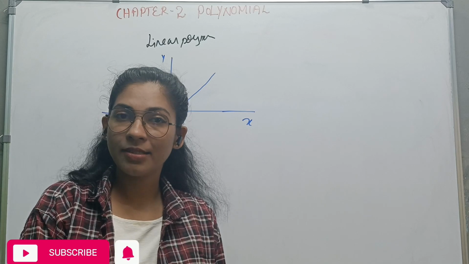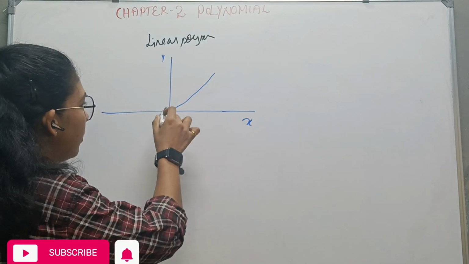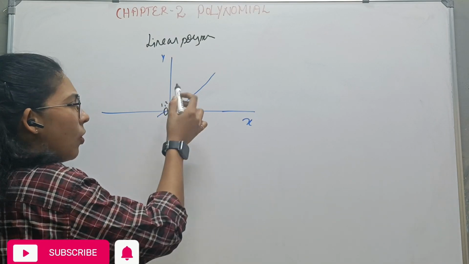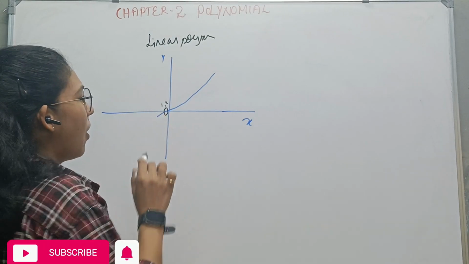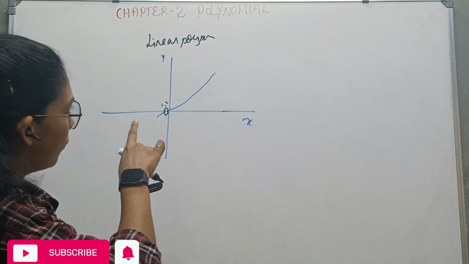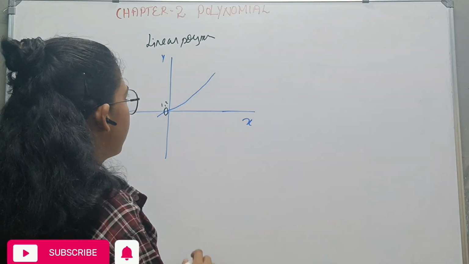Where the line touches the x-axis is said to be the zero of the polynomial. If the value at this point is 1, 2 or whatever it is, this point is considered as the zero of the polynomial. So for a linear polynomial it should be a line.